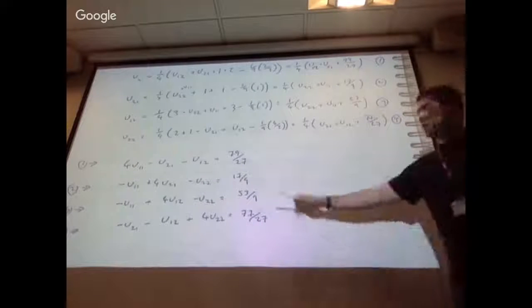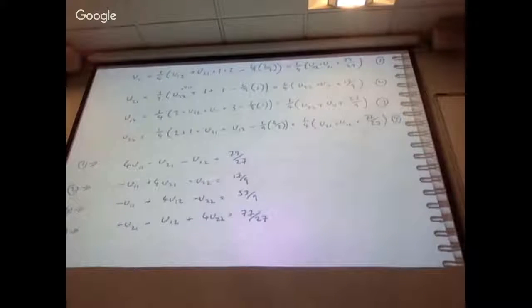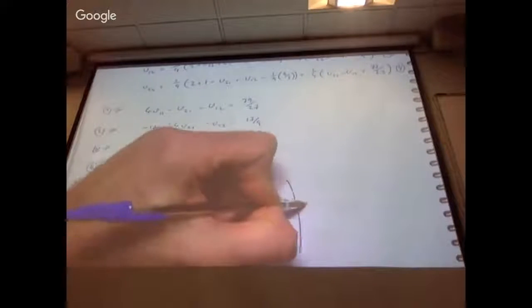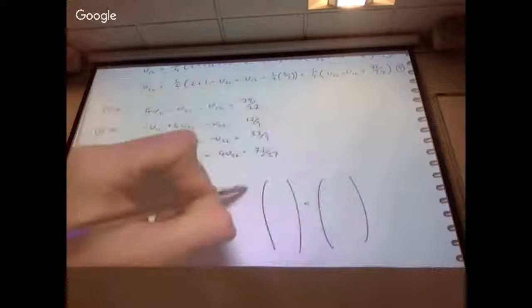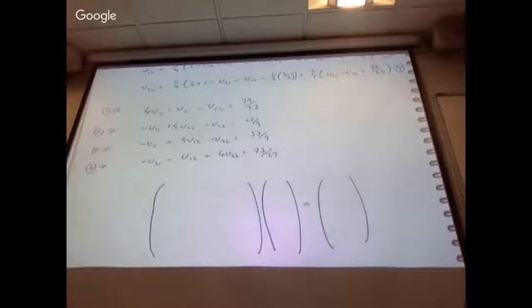Okay, so this is quite a common way in which we formulate systems. We put all the knowns on one side and unknowns on the other, and then write that as a matrix equation. So I'm going to have a coefficient matrix times some vector of unknowns equals my right-hand side vector.